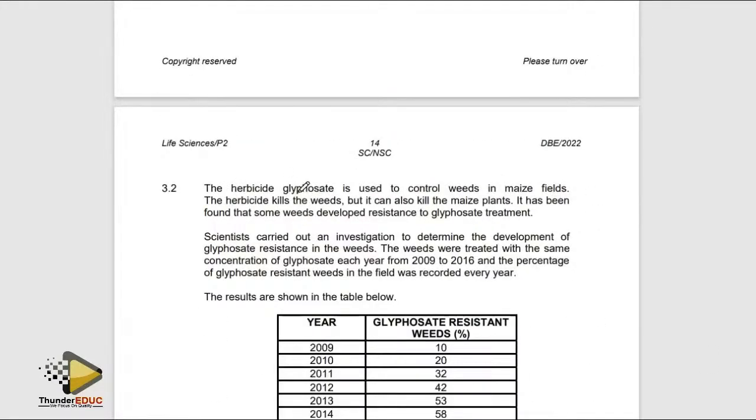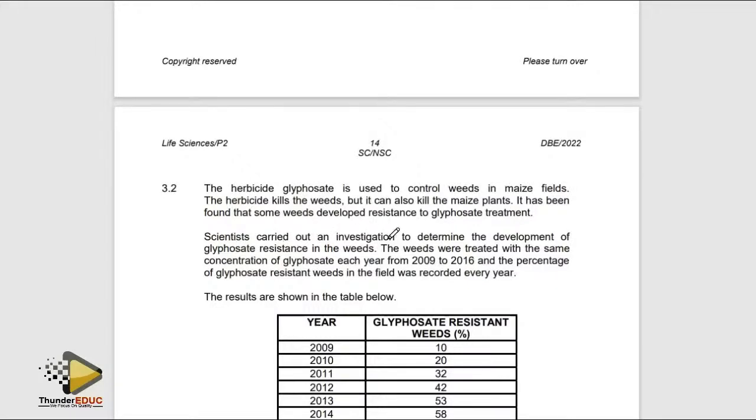Herbicide is a chemical which kills a plant. Glyphosate is used to control the weeds in maize fields. The herbicide kills the weed, but it cannot kill the maize plant. It has been found out that weed developed resistance to glyphosate treatment.